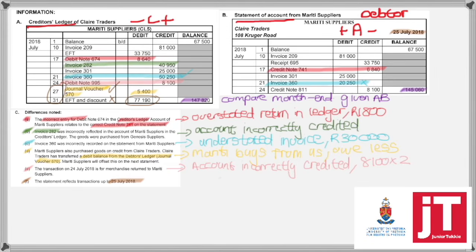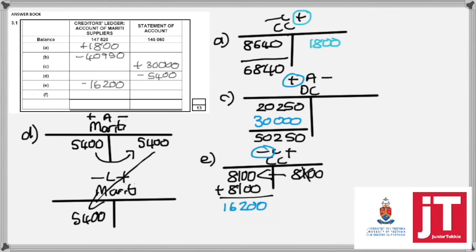So if we made a payment, we owe them less money. From their perspective, they will need to credit our account to show that we owe them less money. So for number F, we are going to minus 77,190 to the statement of account.